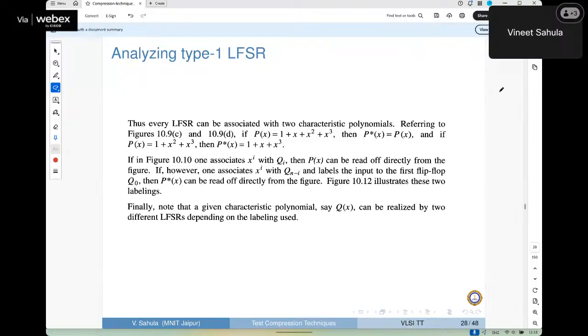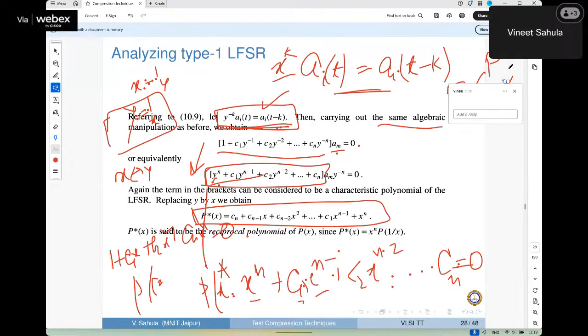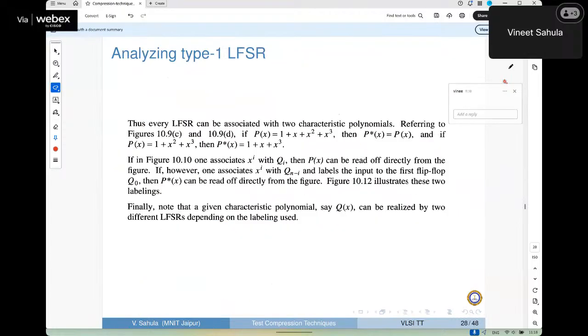We have just finished the analysis of LFSR and we are going ahead. If you take any example, can you draw an LFSR corresponding to this? It has flip-flops. This one is coming here, a tap.